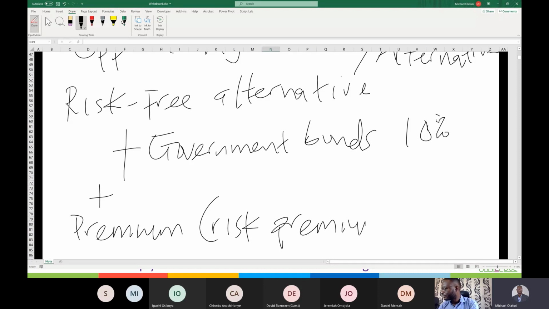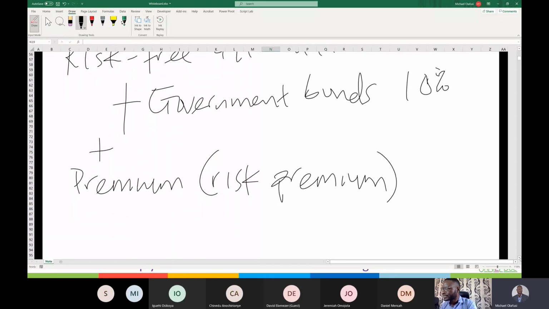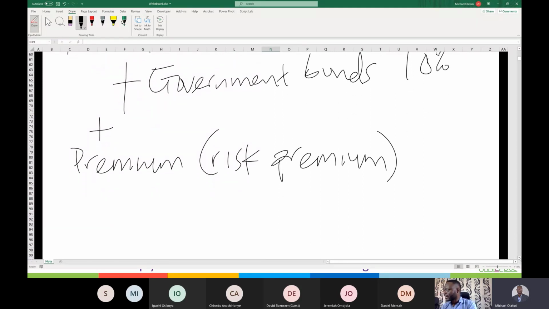For me to take this risk, rather than putting the money in federal government bond, you know, rather as a company, we just putting the money in FGN bonds, we want to use this money to go into a new product line, create a new subsidiary. Then we are going to demand a premium. It will take us more stress. We'll start monitoring. There's a whole lot of stress attached to it and risks attached to it, right? So for it to make sense for us, then it has to give us better than this 10%, right?